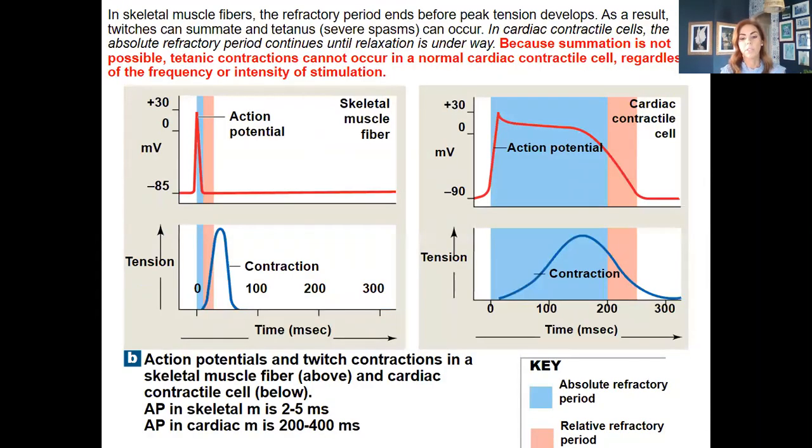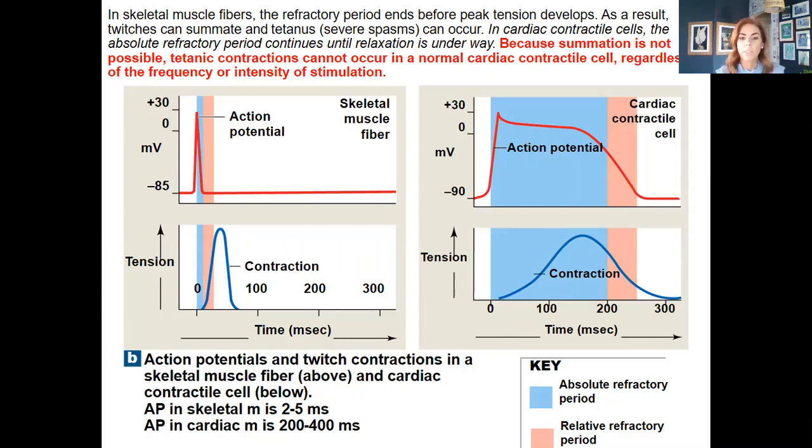Now, for your absolute refractory period and your relative refractory period, remember from last semester we learned absolute refractory period means that during that particular time, the stimulation, regardless of how intense it is, is not going to create another action potential. And during the relative refractory period, if the stimulation is strong enough, you can get another action potential.